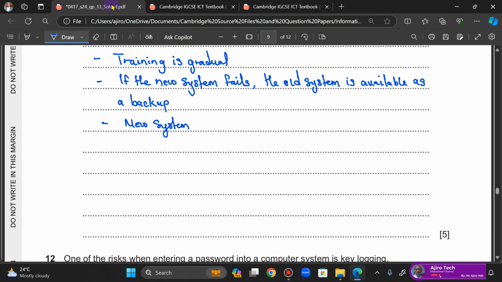Because both systems are being run together, the new system can easily be tested with live data. When we talk about live data, these are data that are inputted by the user making use of the system.